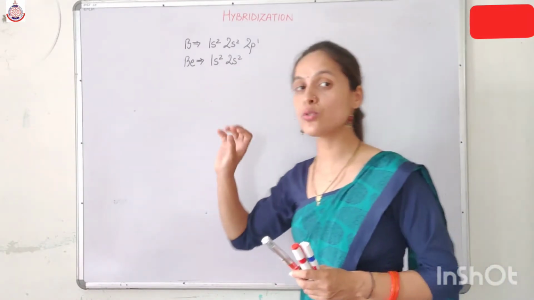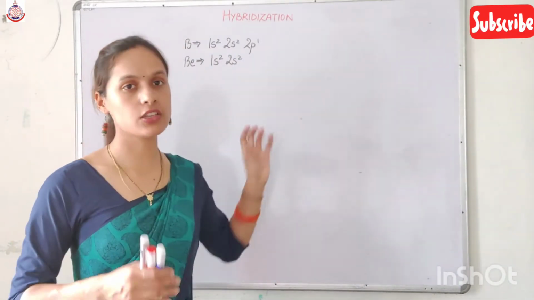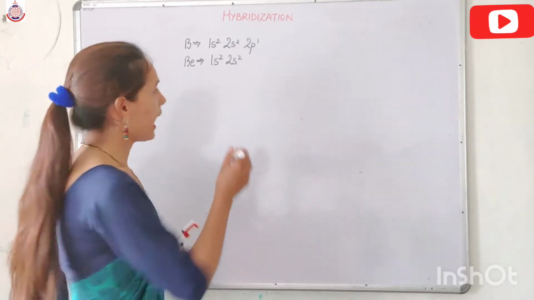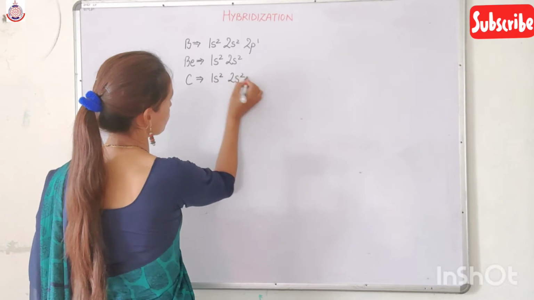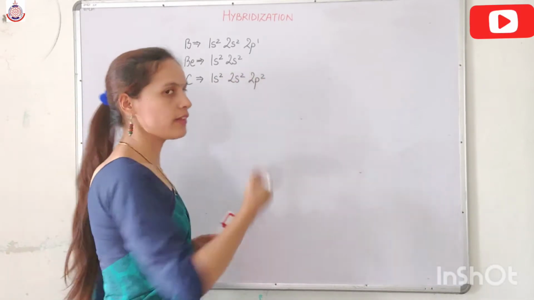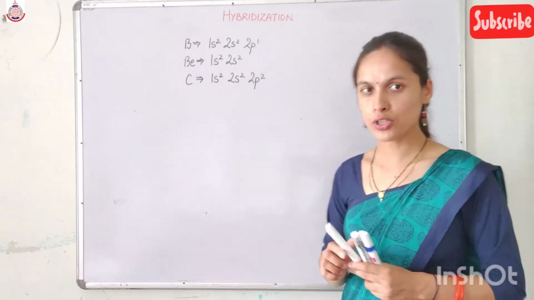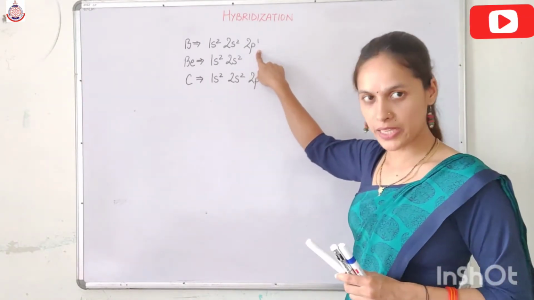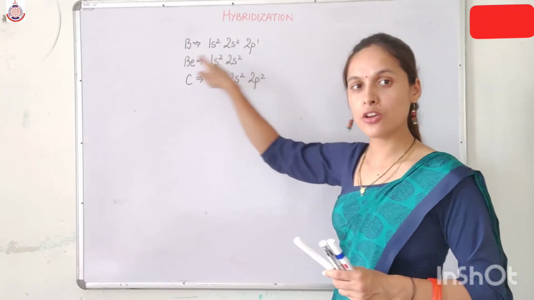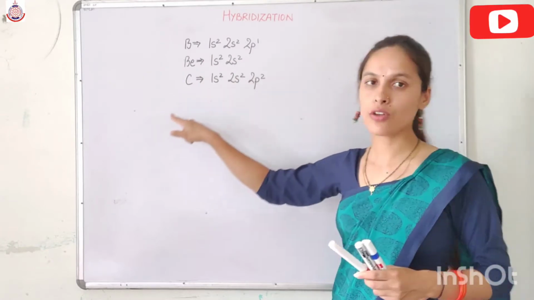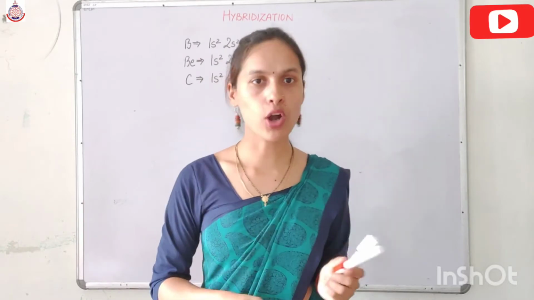It means according to the valence bond theory concept, the covalency of beryllium is 0, and the covalency of carbon should be 2, because we have 2 unpaired electrons in carbon. So according to valence bond theory, 1 orbital of boron, 0 orbitals of beryllium, and 2 orbitals of carbon are half-filled, and these orbitals will participate in bond formation.